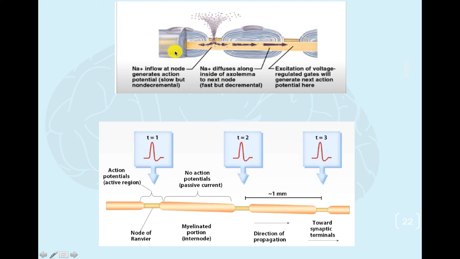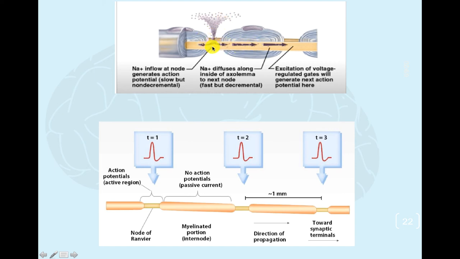Because of the myelin forming this insulation, there aren't any sodium or potassium channels underneath the myelin. They are only present here in these nodes of Ranvier, in these gaps. So the action potential as it travels along the axon really only happens at the node of Ranvier, where a whole bunch of sodium goes in and a whole bunch of potassium goes out.